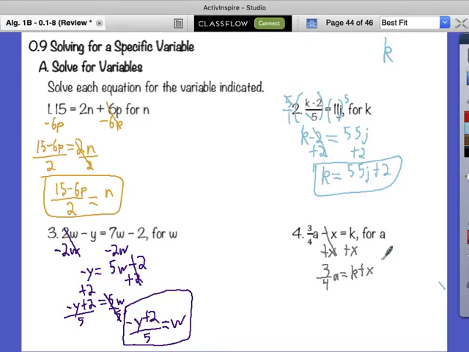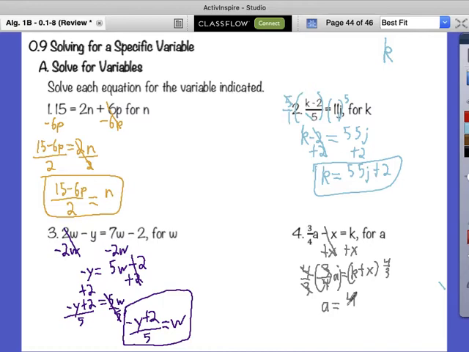So what's the reciprocal of 3/4? 4/3, on both sides. What's going to happen with this 4 and this 4? Reduce. What's going to happen with this 3 and this 3? Reduce. Yep, so we're up to A.